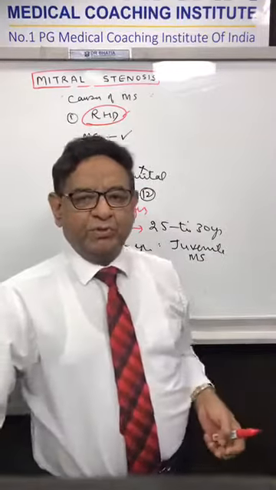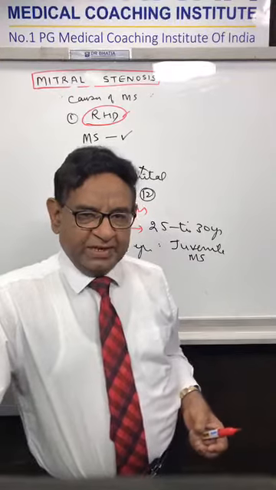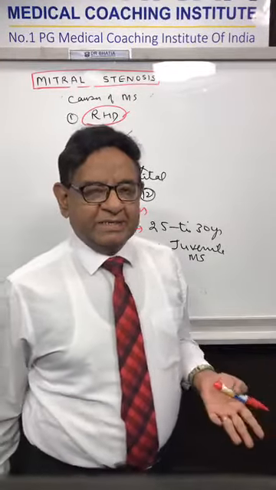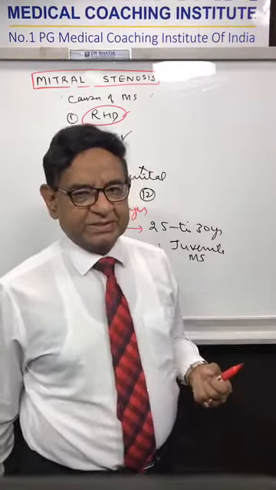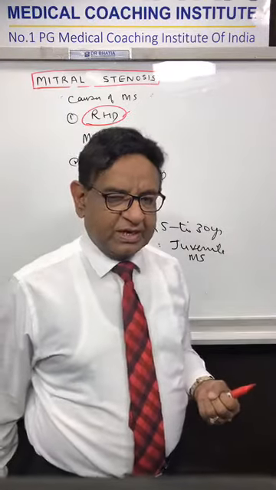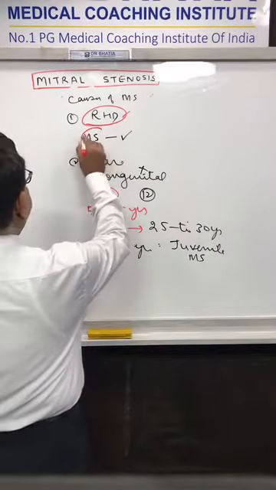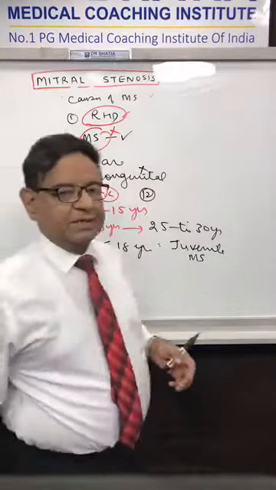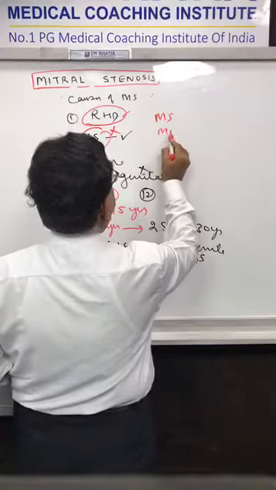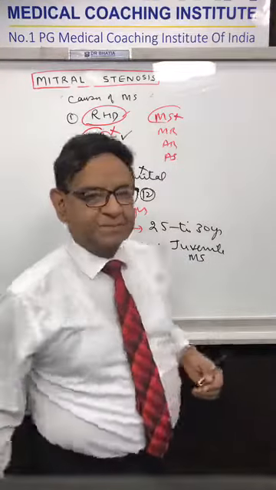Friends, many of you will be going for the MD pediatric exam. Yes, you will go. You are very intelligent. In the MD pediatric exam, there is always a case of rheumatic heart disease. Surely you will also get a case of RHD. In that case, in your patient, MS will not be there. Normally, the common lesions are MS, MR, AR, AS. MS will not be there.